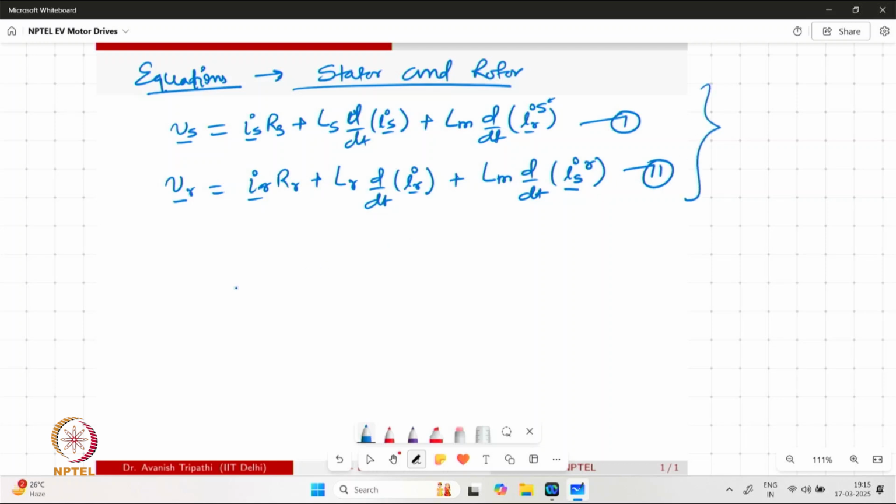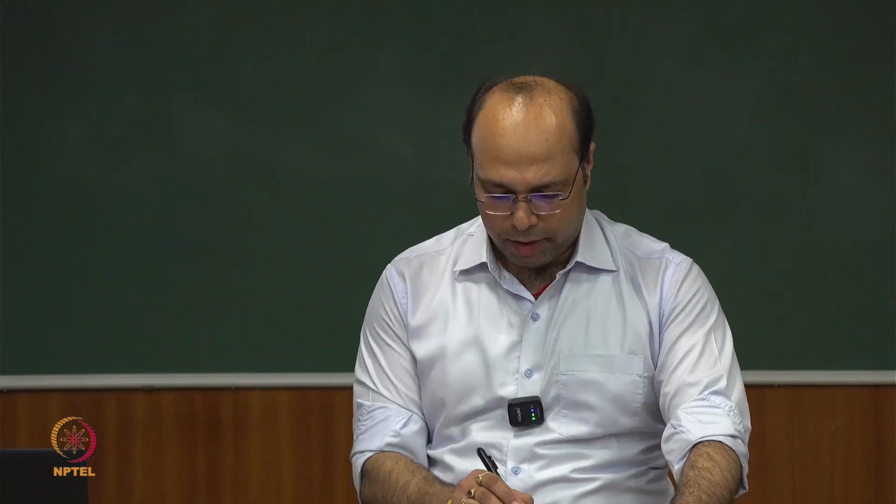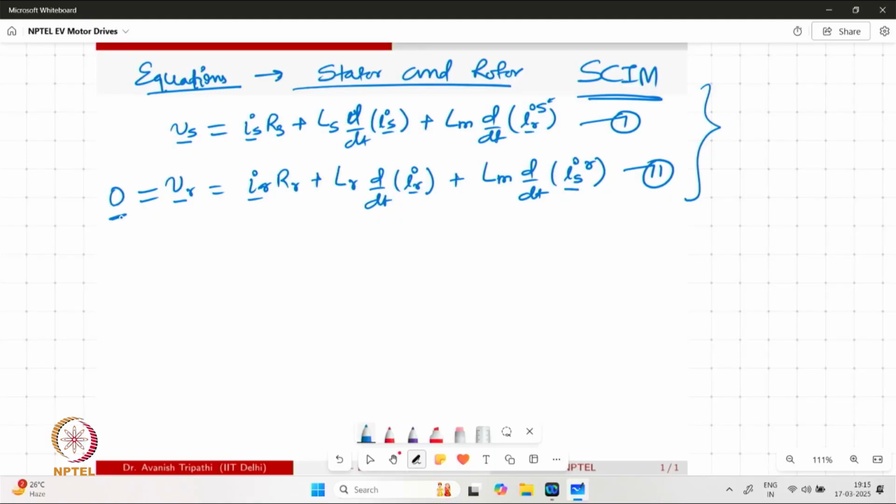Now, because here we have the possibility of current flowing on the stator as well as on the rotor side, both the equations are relevant in our case, in case of a squirrel cage induction machine. However, we have a condition that in a squirrel cage induction machine, the terminals of the rotor are shorted, which means that our VR vector is going to be 0. It's a 0 vector.